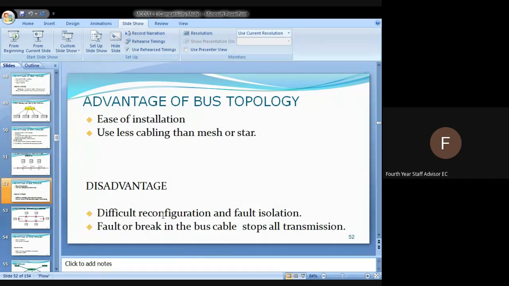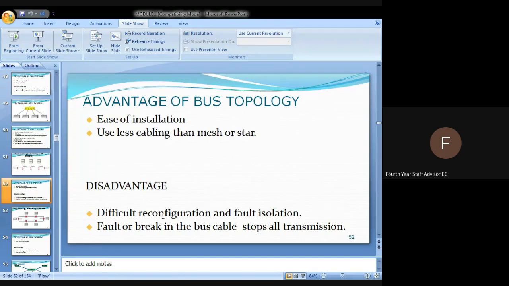You can install the devices easily, but if there is any problem, you are not able to reconfigure it or identify the fault. And if there is a break in that cable, it stops all transmission. So a fault or break in the bus cable stops all transmission.